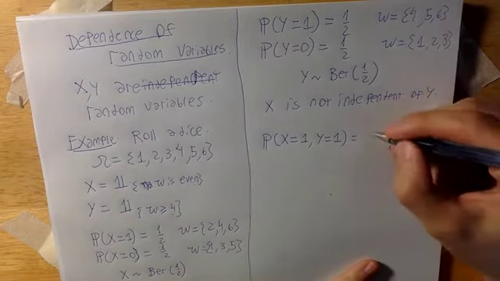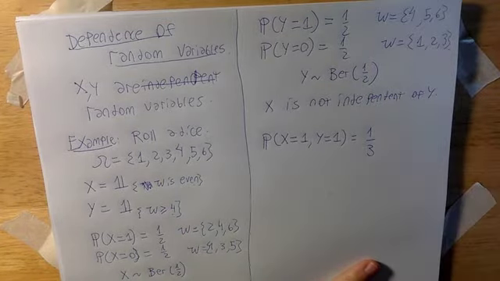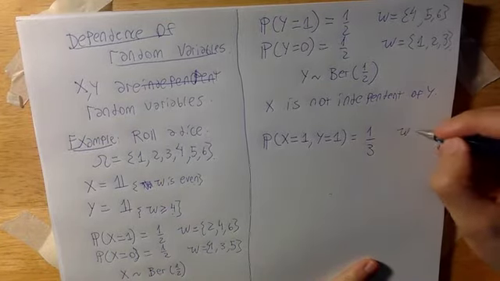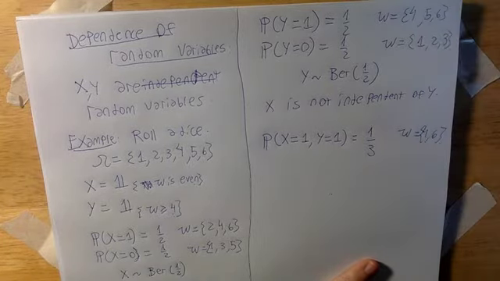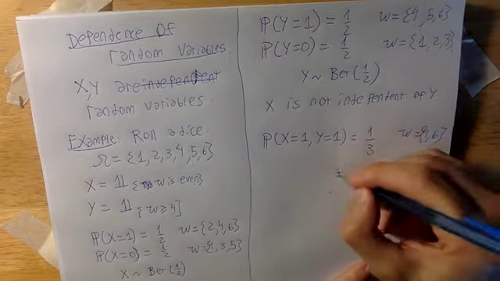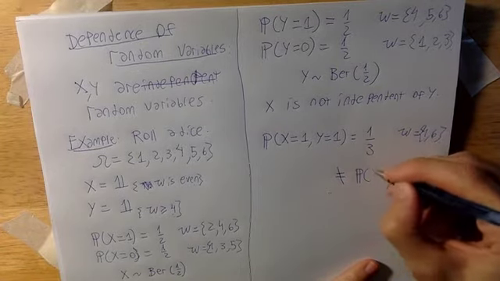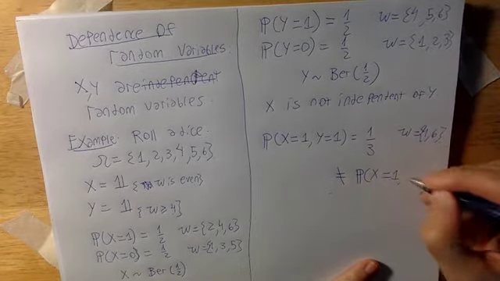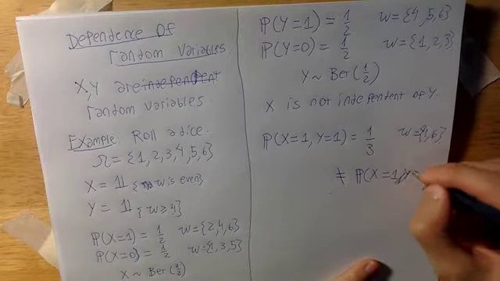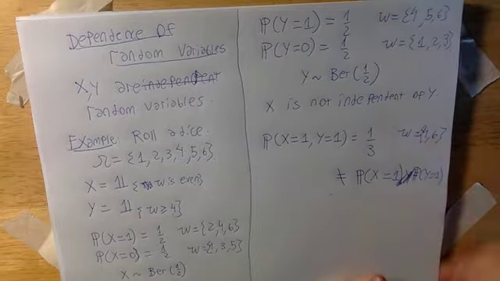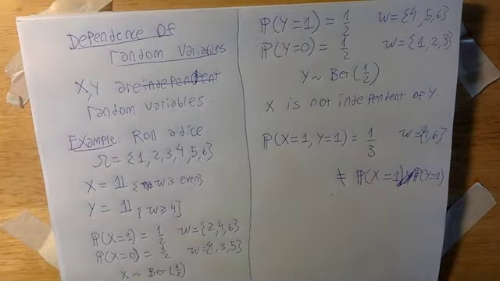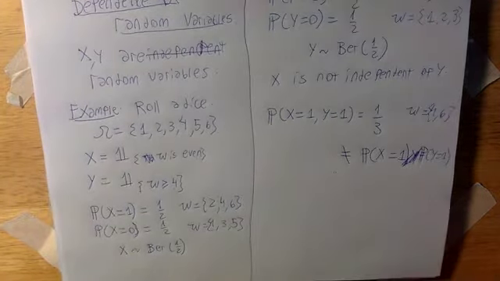So this is equal to 1/3, which corresponds to omega being equal to 4 and 6. But this is different from the probability that X is equal to 1 times the probability that Y is equal to 1. So these guys are not independent.